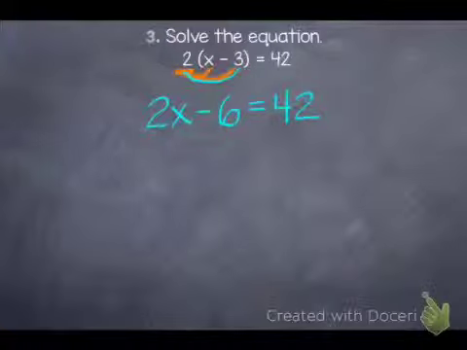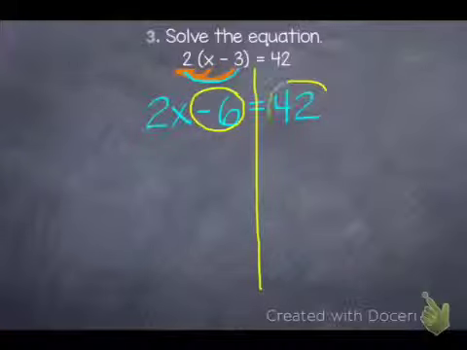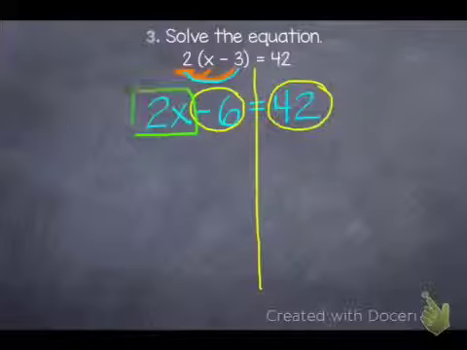Now if you need a shape code, you would do that at this time. There's our equal sign. Here we have a negative and another number. And then this one is our variable. So we want to move all of the numbers to the other side. So if we have a negative 6, we want to do the opposite of that, which is to add 6. So we're going to add 6 to both sides.